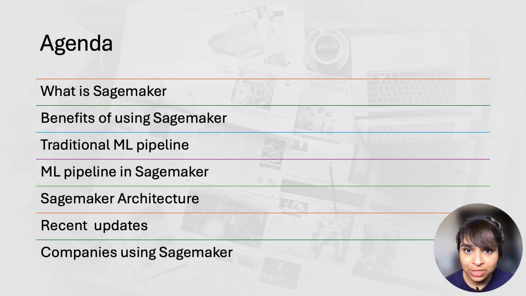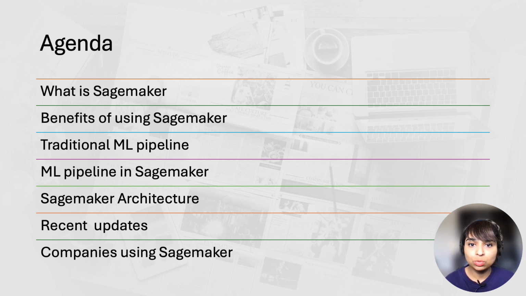Here's what we'll cover in today's video. What is SageMaker? Secondly, benefits of SageMaker as to how it saves you time and effort. Then we will walk through the traditional machine learning pipeline. We will also talk about the machine learning pipeline in SageMaker. Then we will talk about SageMaker architecture as to how it works behind the scenes.